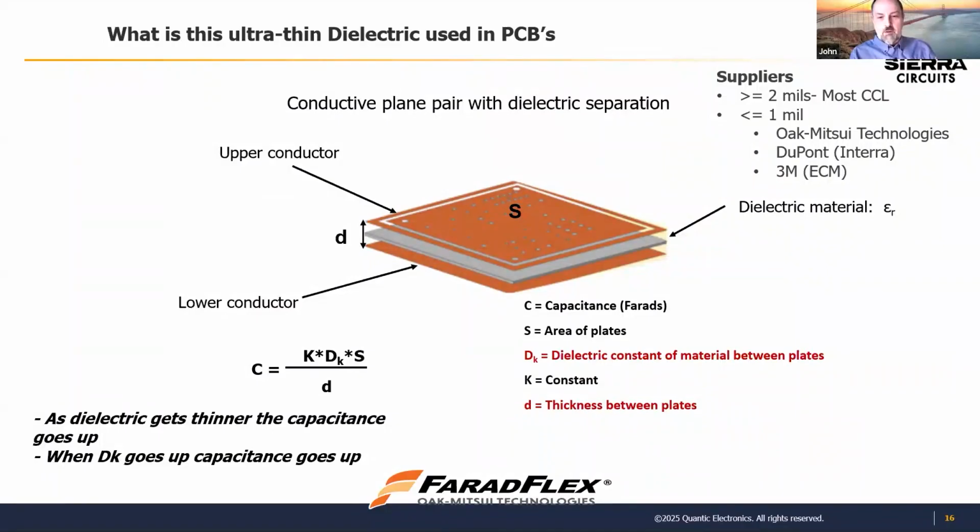Right now, courtesy of FaradFlex, my old company, Oak Mitsui Technologies, they provide some of these slides. There's also DuPont, which makes a product called Intera, a polyimide-based thin film that's typically 1 mil, and 12 micron is available. And then 3M also makes a product they call ECM. It's a highly filled epoxy that's used to make more discrete capacitors as opposed to planar capacitors.